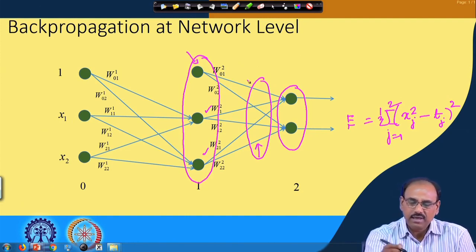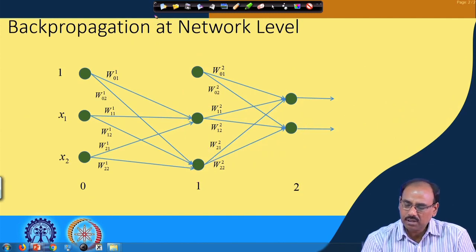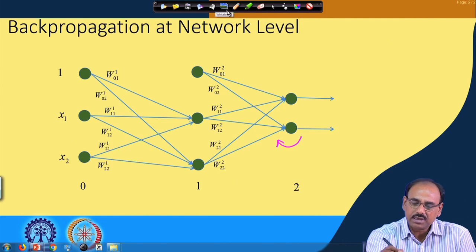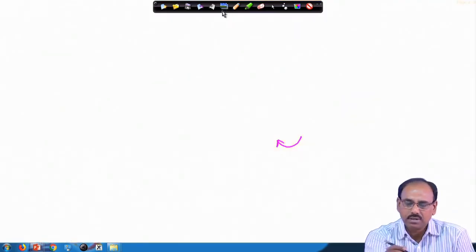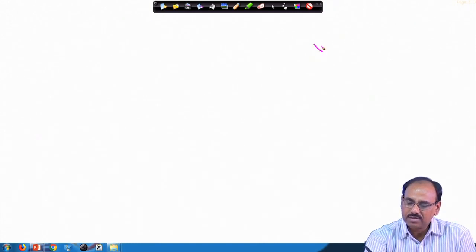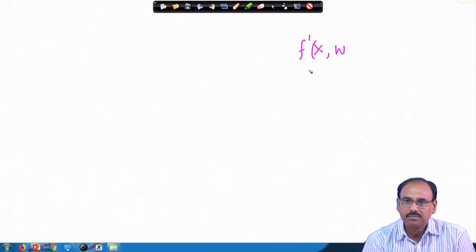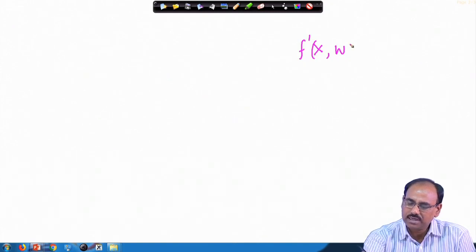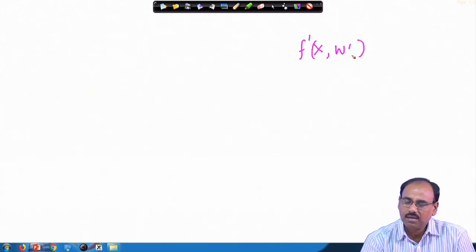Then remember one thing that we discussed, because this network is a multi-layer network. If my input is x, I have a function, say f1, which works on x along with a weight matrix or set of weight values w1.